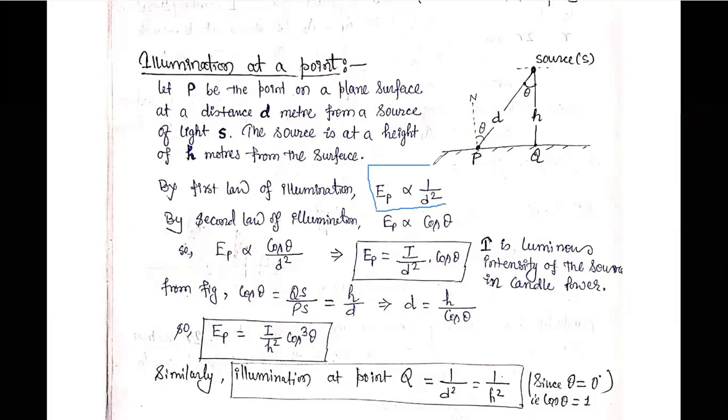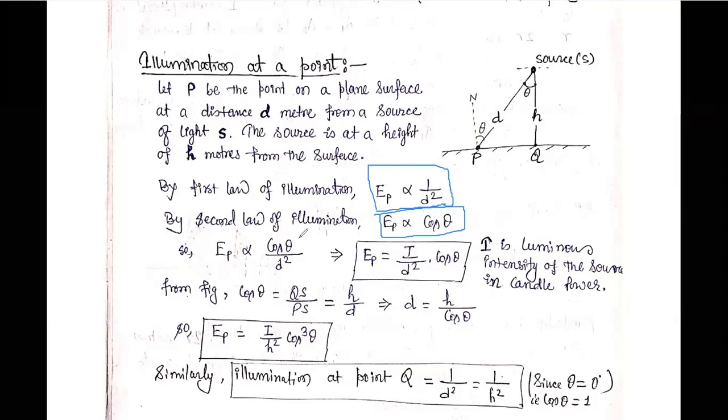So EP is inversely proportional to d square according to first law of illumination, inverse square law, and according to second law of illumination, EP is directly proportional to cos theta, where theta is the angle between the normal to the surface and the flux line.